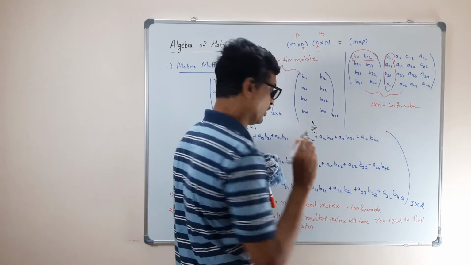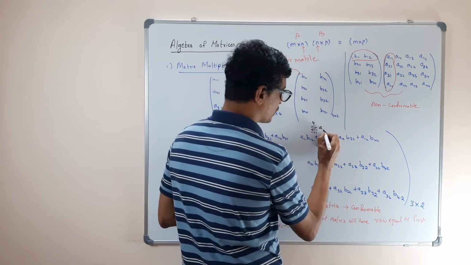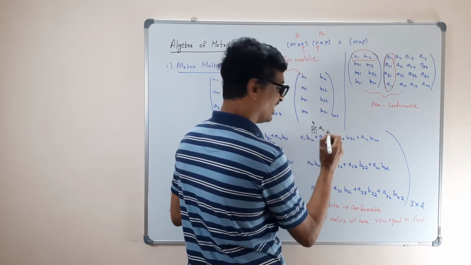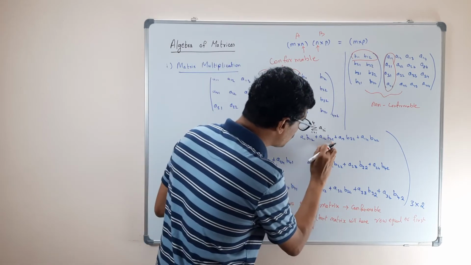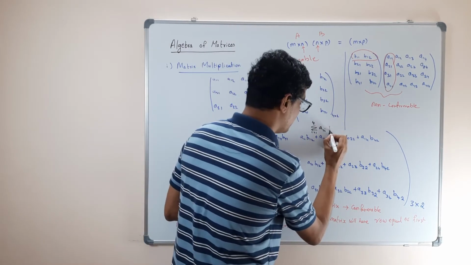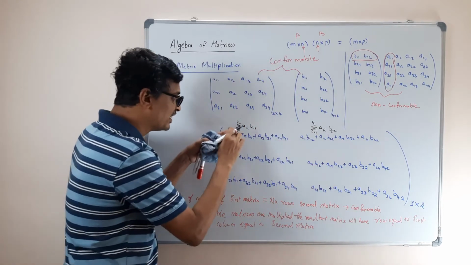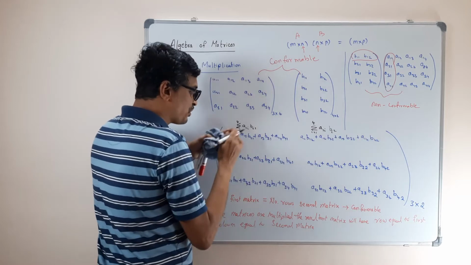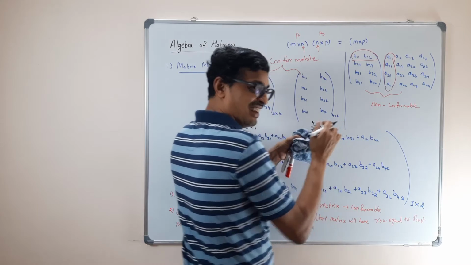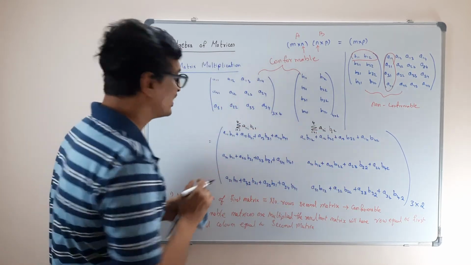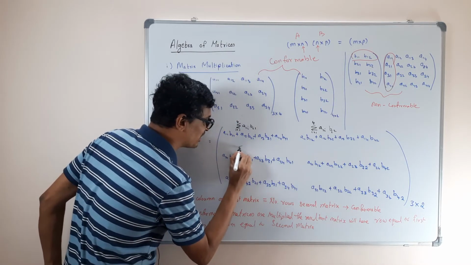The first index of A is always 1 and the second is I. For B, the second index is 2 and the first is I. Can you see a pattern? This is first row, first column, second row, second column, first row, second column. Now let us write this one.